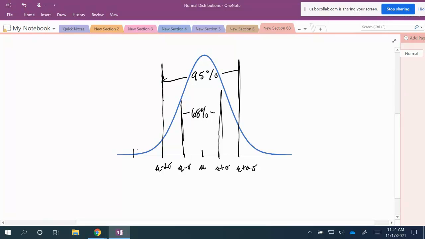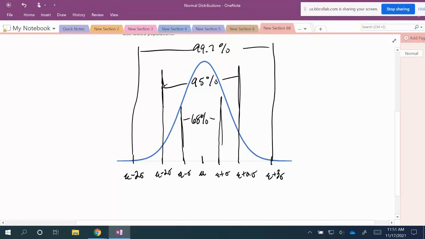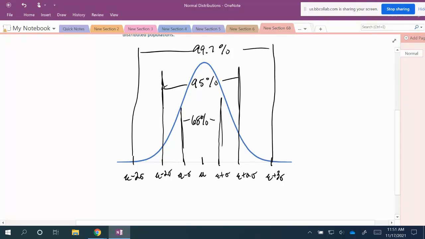And if we go out to three standard deviations about the mean, we have 99.7% of the data between three standard deviations of the mean. All right, so keep in mind from this point, probability is area.